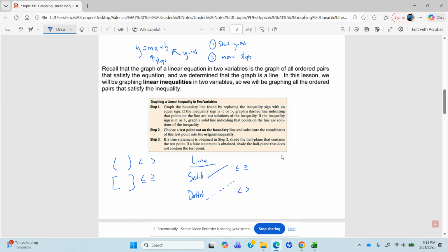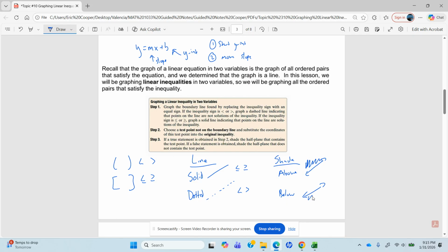We're also going to have to shade our values, just like we did on the number line. Remember, on the number line, we shaded either left or right, depending on what sign it was. But now when we shade in a graph, we're going to look at it as shading above the graph, meaning we have a line and we're shading above it, or shading below it.